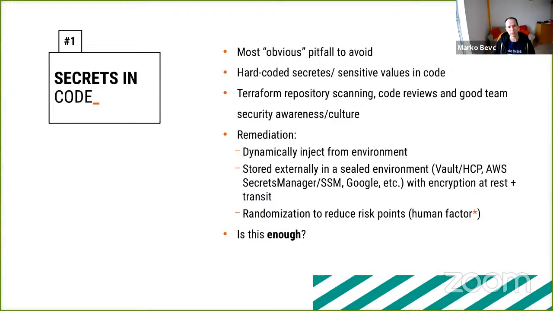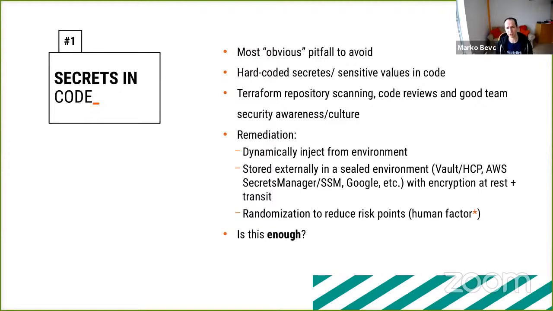So the first one we're going to look at is secrets in code. This is probably the most obvious pitfall, the one that makes the most sense to people and is probably the easiest to pick out. Having hard-coded secrets or sensitive values in code is not something that we would consider good practice. You should avoid doing that.